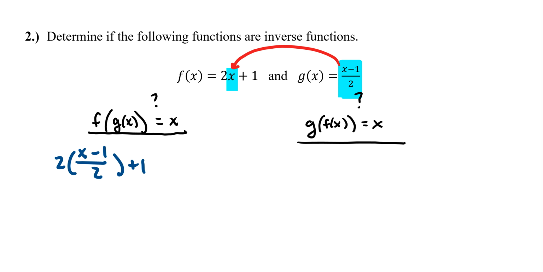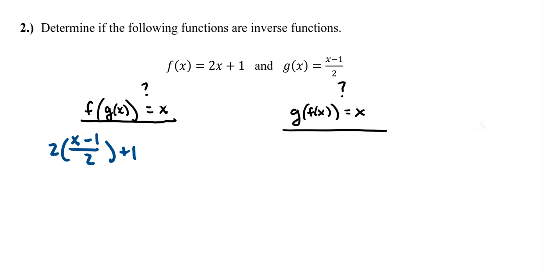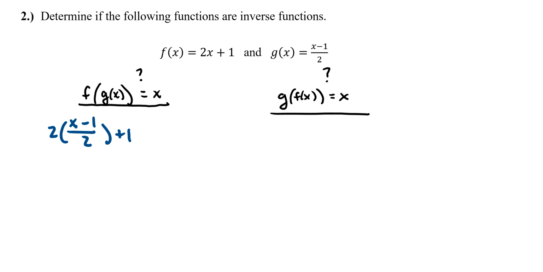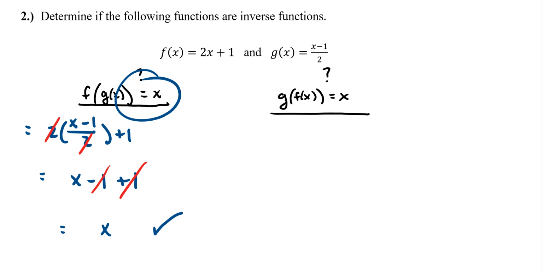You're replacing all of the x's with the other function, and then you're going to simplify this. So when you simplify this, notice you can do 2 divided by 2, cancels the 1. You're left with x minus 1 plus 1, and then the minus 1 plus 1 gives us 0. That gives us just x, right? I'll put equals here. So this is actually good so far. f of g of x equals x. Perfect. That's what we were trying to figure out to see if they are inverse functions.